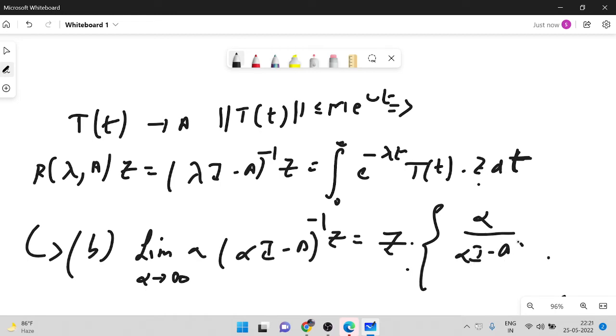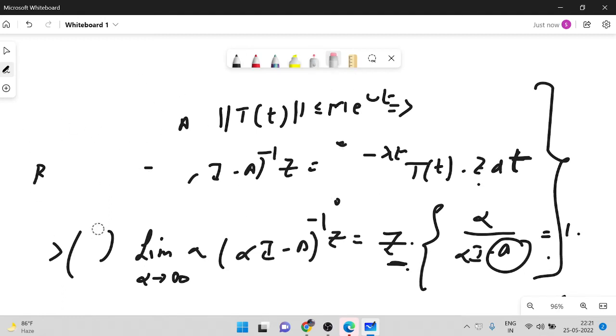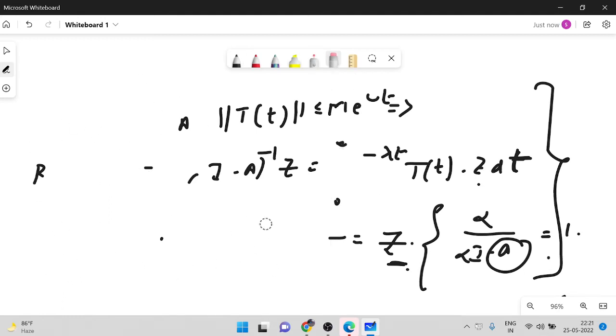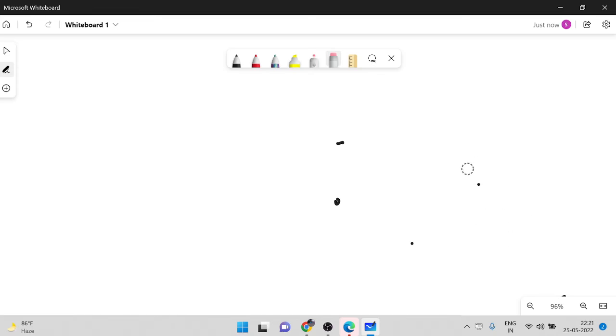If alpha goes to infinity, your A is neglected and you get 1, right? So that's what it is. These identities I'll use later to prove the Hille-Yosida theorem, which guarantees the generation of a C0 semigroup. We need to discuss all these things to know what a classical solution and a weak solution of a partial differential equation are.